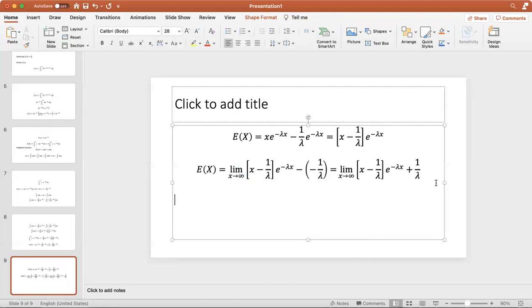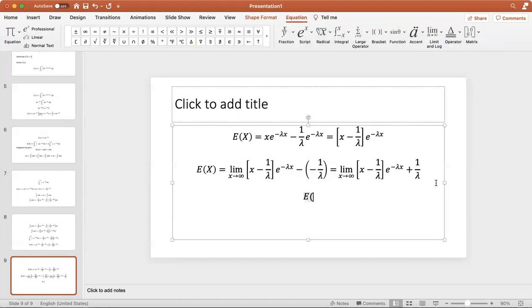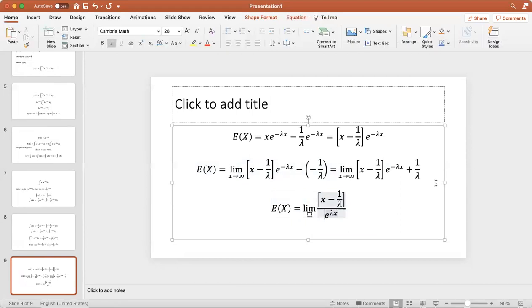So this is practically equal to the limit of the fraction x minus 1 over lambda over e raised to lambda x as x approaches infinity, plus 1 over lambda.